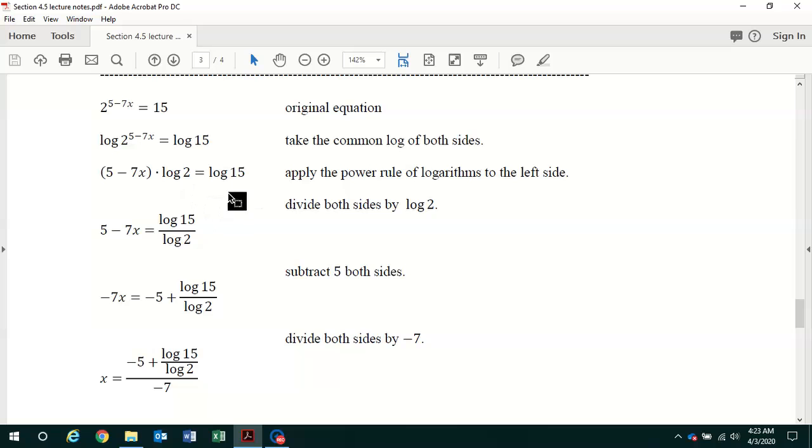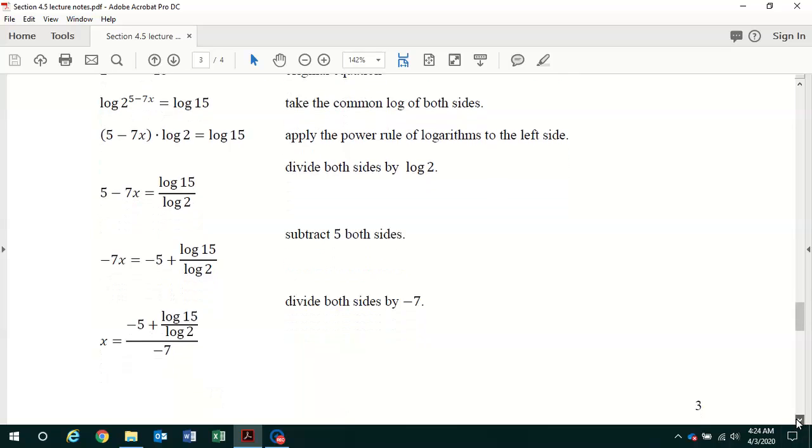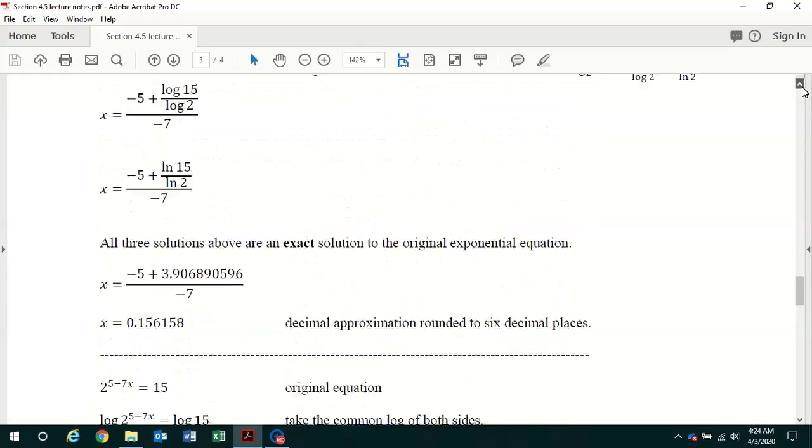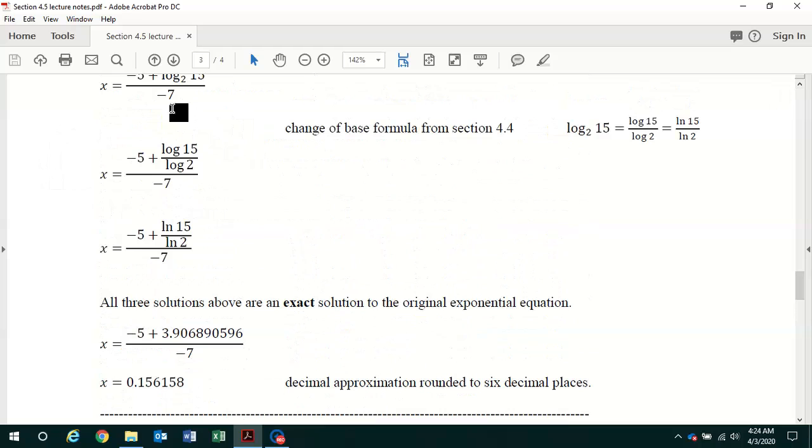And now, to undo this multiplication, we divide both sides by the common log of 2, and then we subtract 5 from both sides, and we get minus 5 plus common log of 15 over common log of 2, and then we divide both sides by minus 7, and guess what? We end up with the exact same solution to this problem as right here.